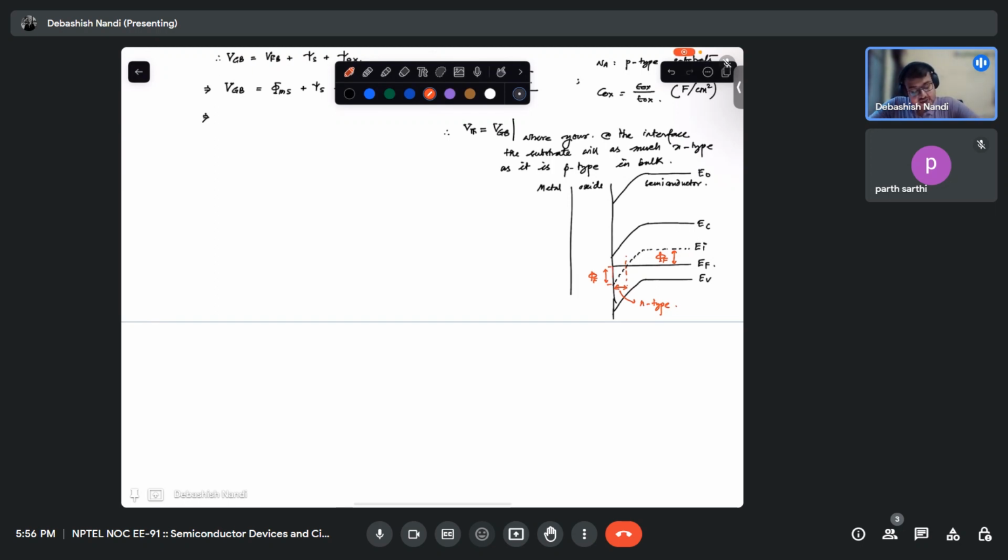So at the interface the substrate will be as much n type as it is p type in the bulk. This distance determines how much p type or n type my material is, right?